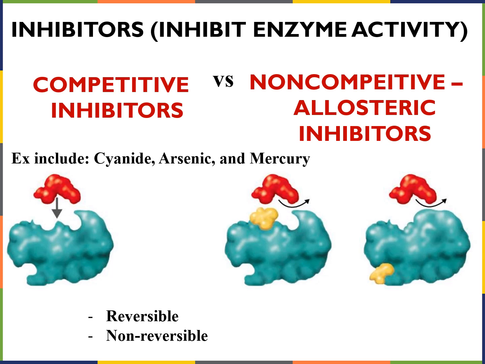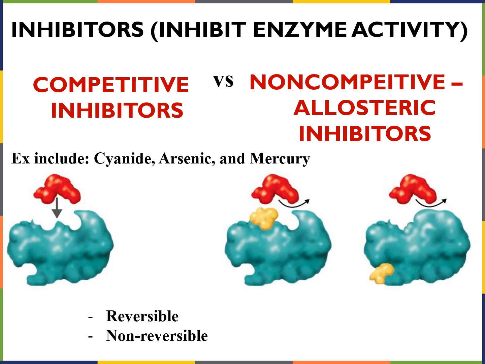Well, the first type of inhibition that we're going to talk about, and again, inhibition just means we are stopping that enzyme from working, is competitive inhibition. So here it shows the enzyme, here it shows the active binding site, but look, there is now a yellow molecule. And that yellow molecule could be a lot of different things.